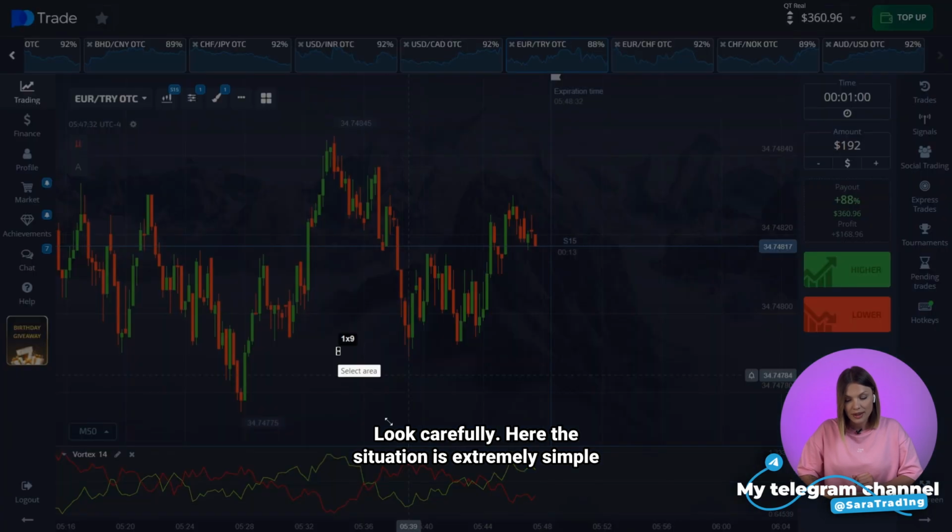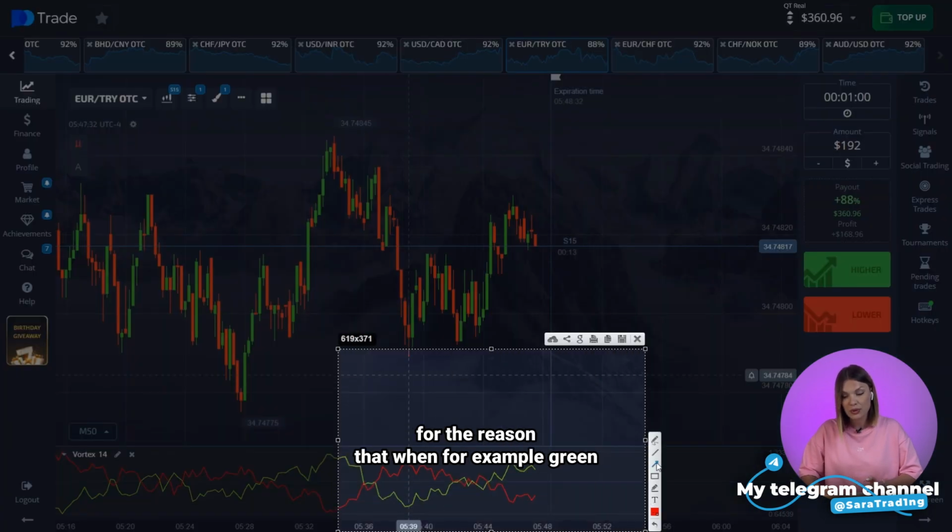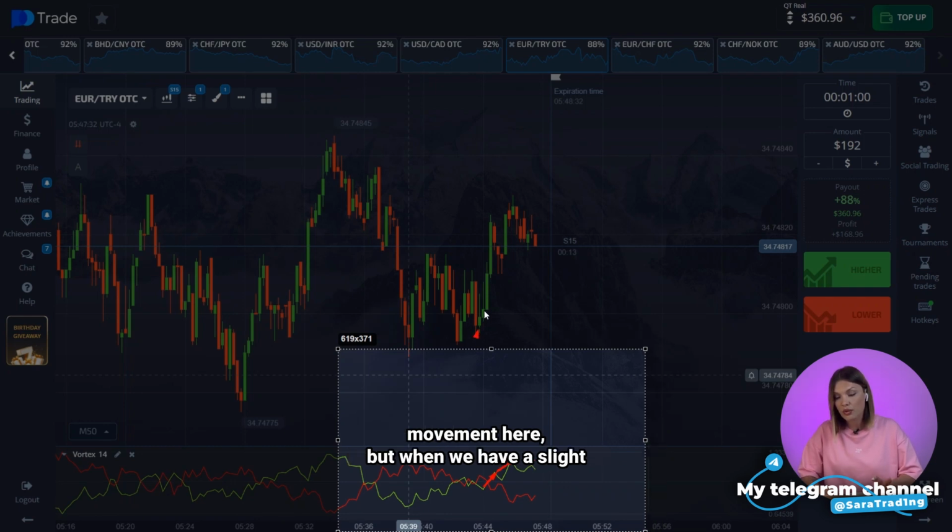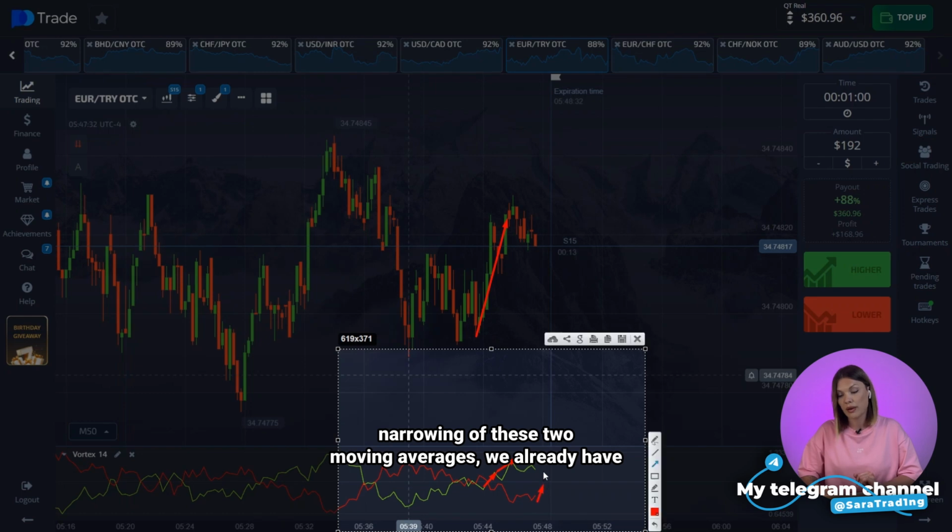Look carefully. Here the situation is extremely simple for the reason that when, for example, green is on top of red, and in this case we saw an upward movement here, but when we have a slight narrowing of these two moving averages, we already have a reversal. That is, in order for a fairly good downward price movement to begin, an intersection must occur.